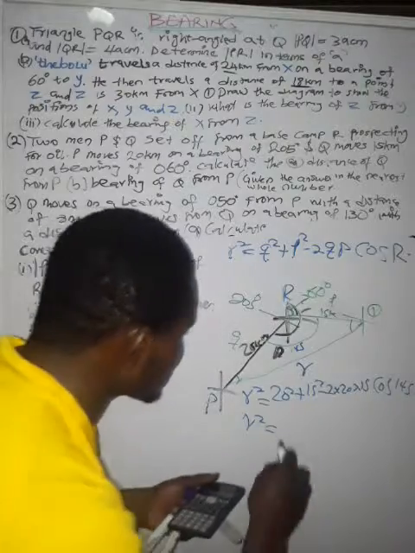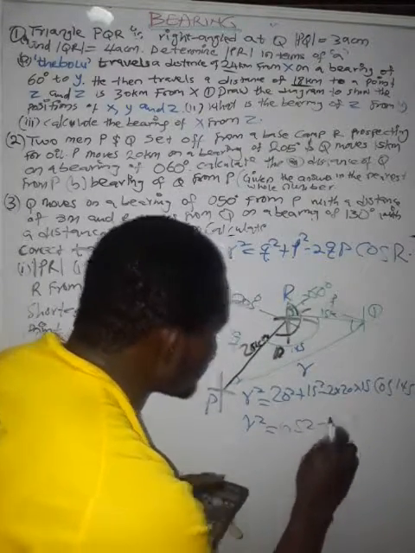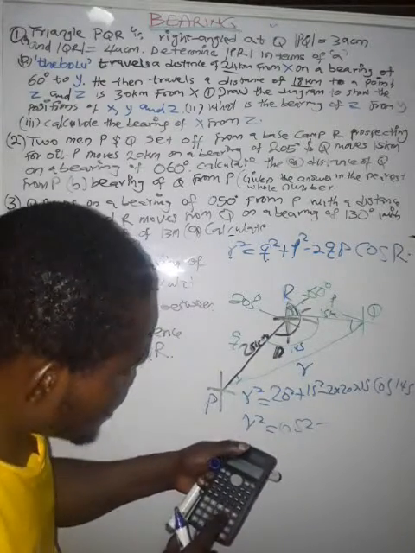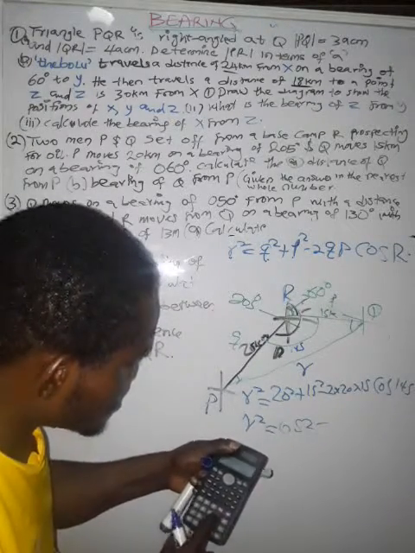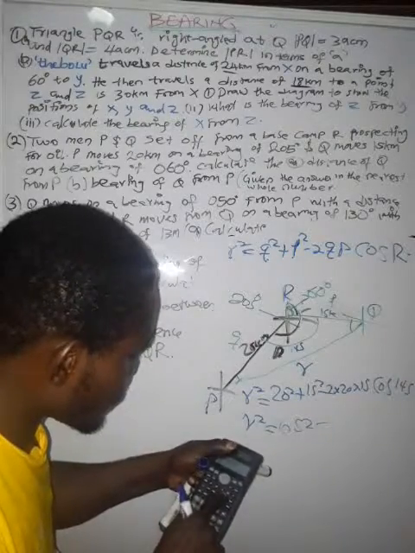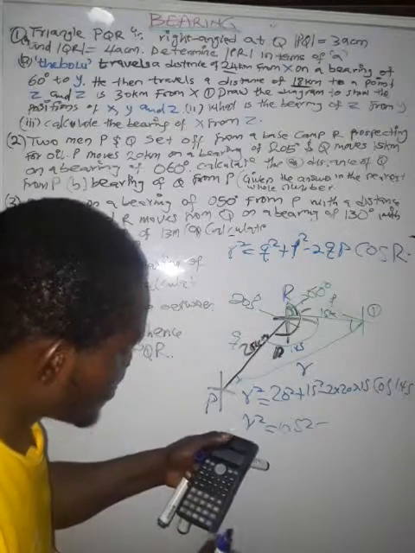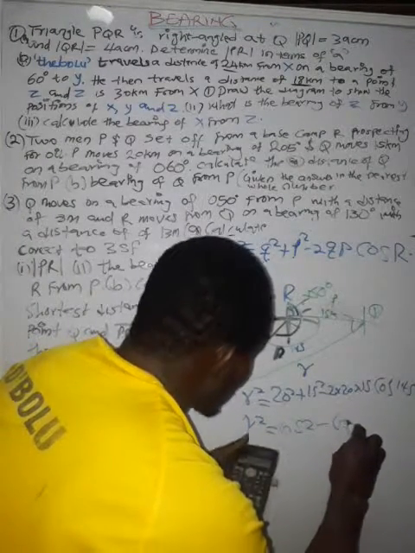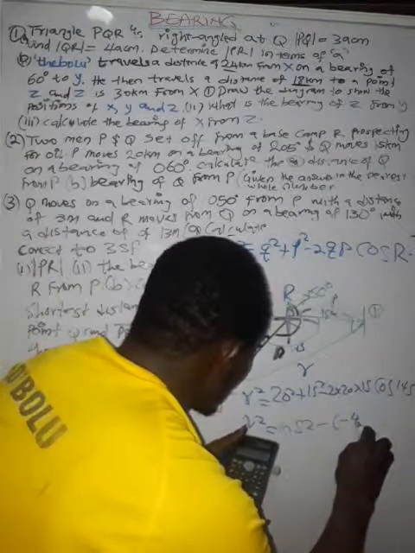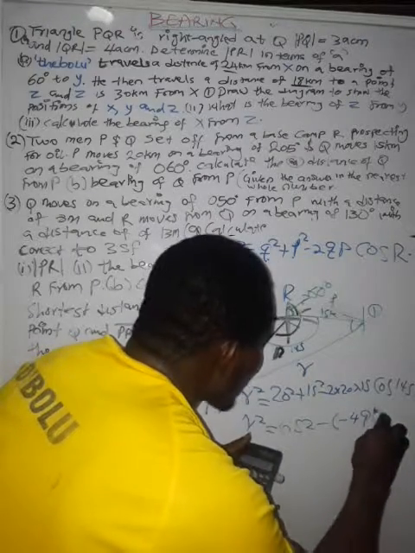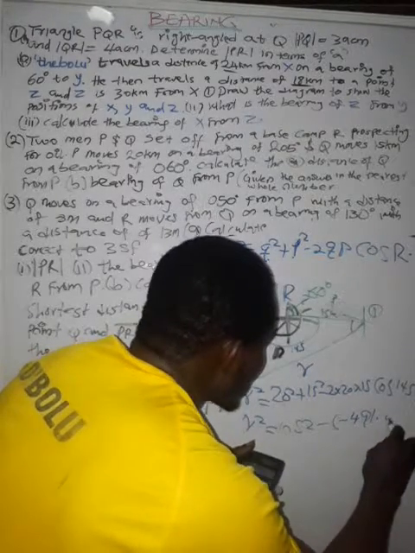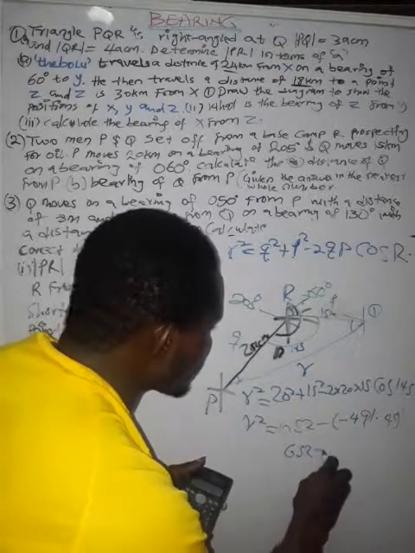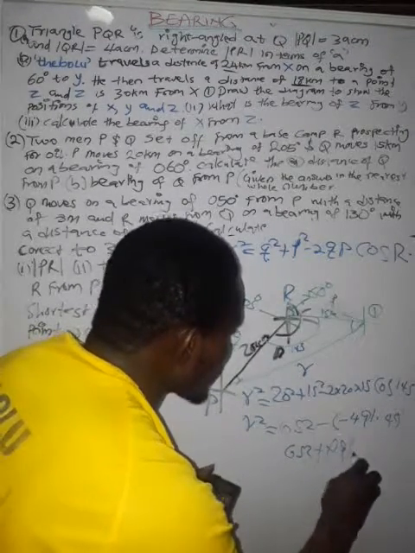So that gives me 625 minus 2 times 20 times 15 times cos 145. So you have this one as a minus 2. So minus 491.49. So that becomes plus 491.49.